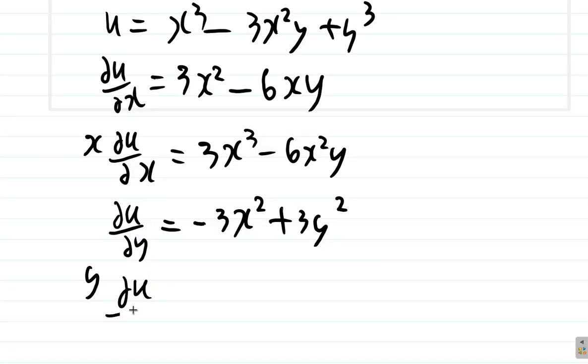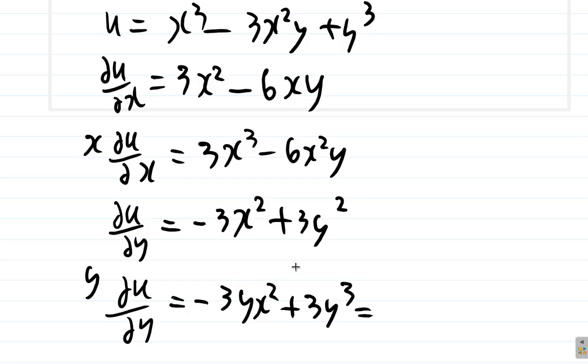Y times delta u by delta y is going to be negative 3yx squared plus 3y cubed. Let's rewrite it and put the positive part in front. 3y cubed minus 3x squared y. Let's put it in alphabetical order. Alright, so that's what we have there.